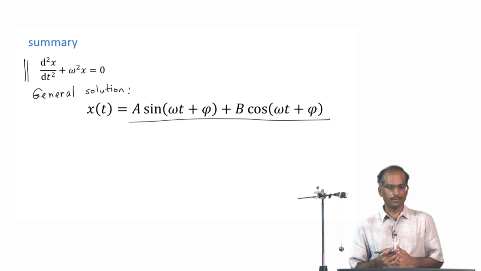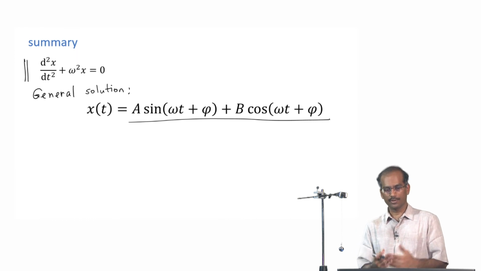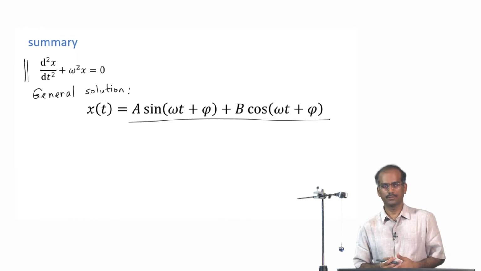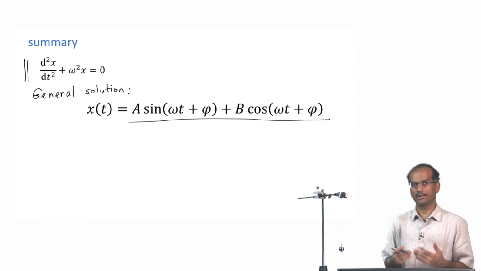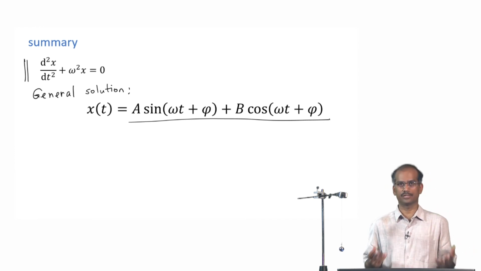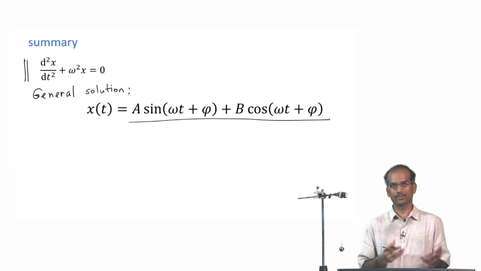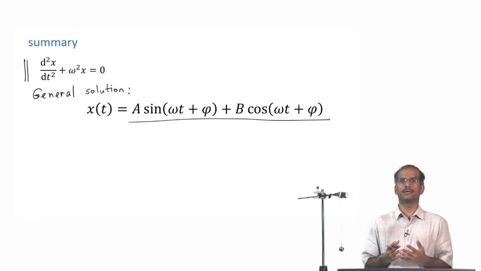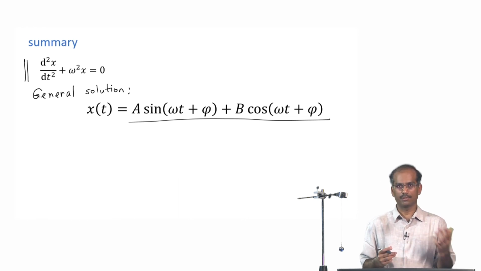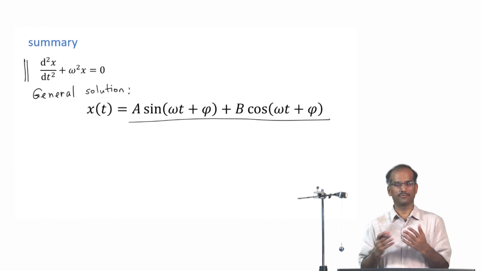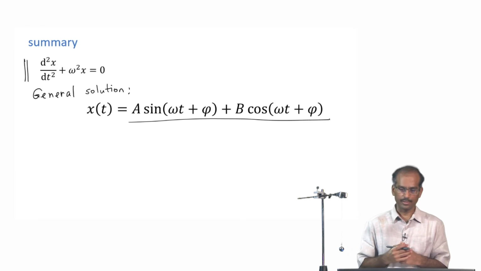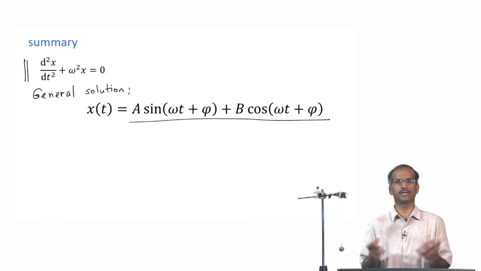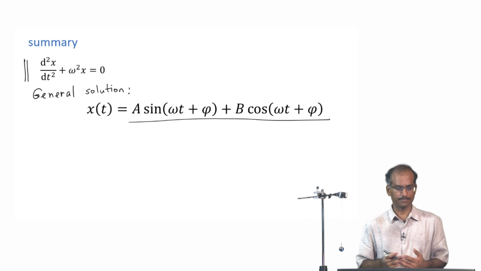And then we also saw that given a solution like this, it is straightforward to calculate the velocity as a function of time, acceleration as a function of time. We also saw that there were systematic relations between the values of position, the values of velocity and the values of acceleration that an oscillating system takes.